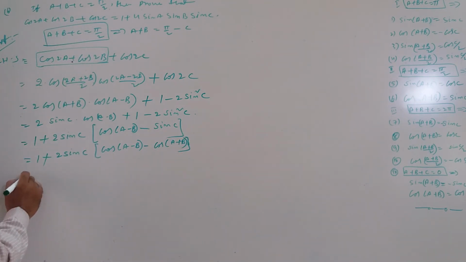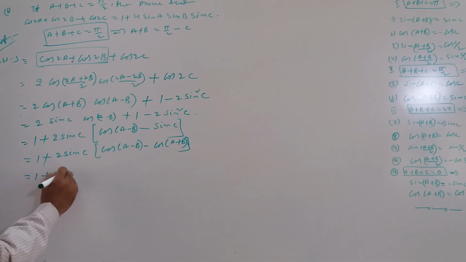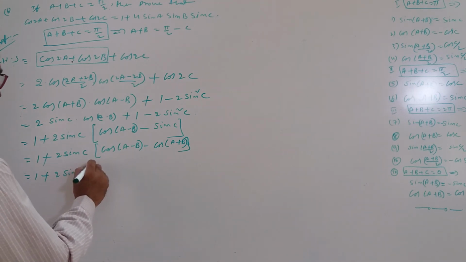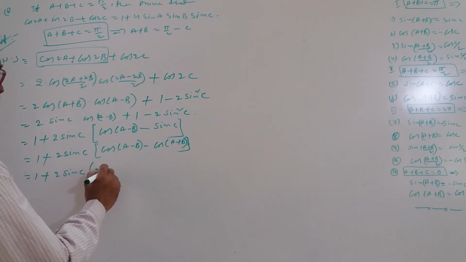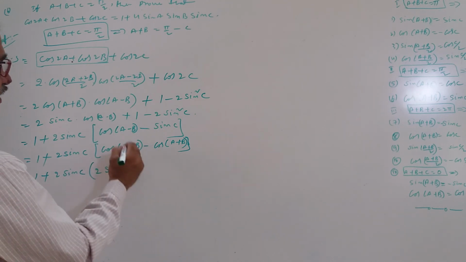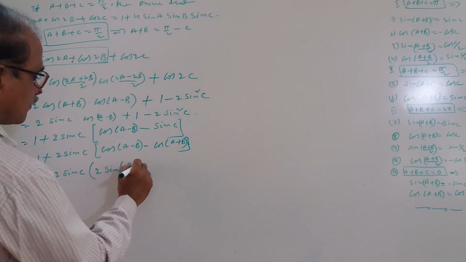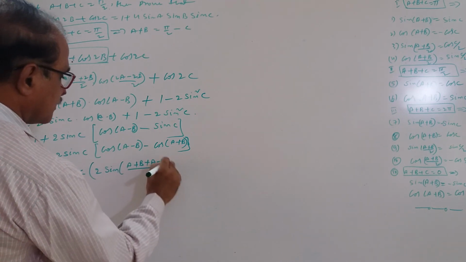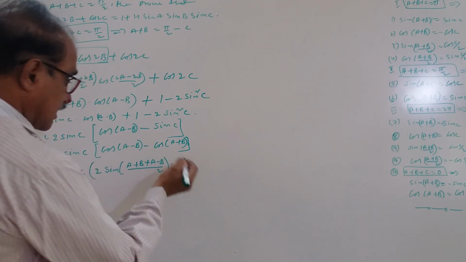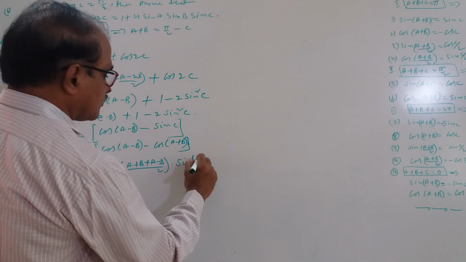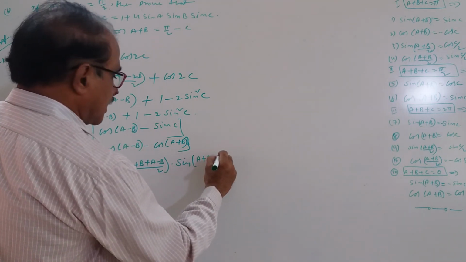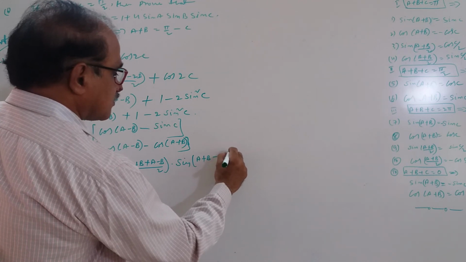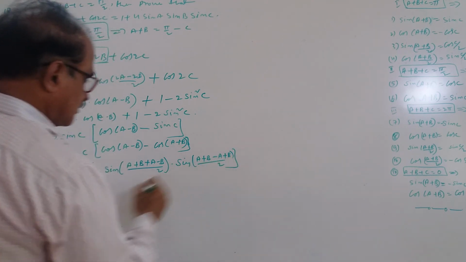That is equal to 1 plus 2 sin c into, it is in the form of cos C minus cos D, cos of a minus b minus cos of a plus b. That means we can write as 2 sin of ((a plus b) plus (a minus b)) by 2 into sin of ((a plus b) minus (a minus b)) by 2.